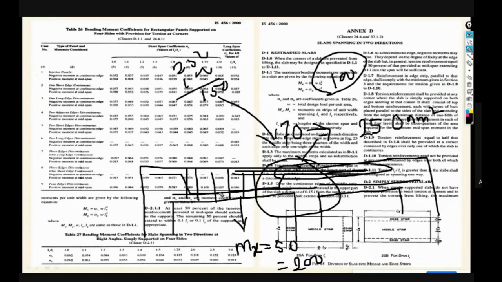If you do not provide a bent up bar, what happens in that case? That also we have to consider from the design point of view. That is the first thing. The second thing is which one is economical. Here we are neglecting the bent up bar, or replacing it with the extra top reinforcement.